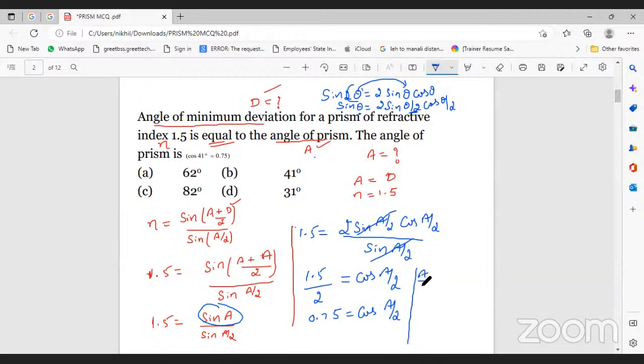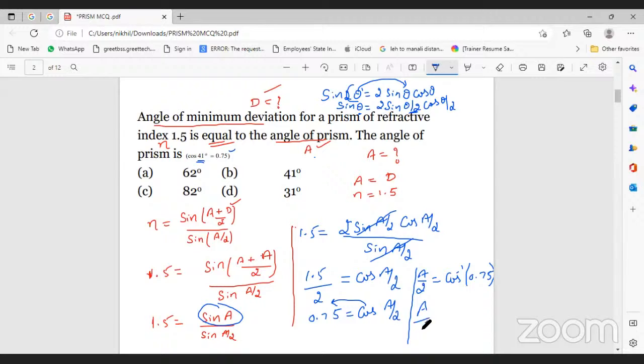What is A by 2 from this equation? If I shift this cos to the LHS, it becomes cos inverse of 0.75. You know that cos inverse 0.75 is given as 41 degrees. What is cos 41 degrees? 0.75.